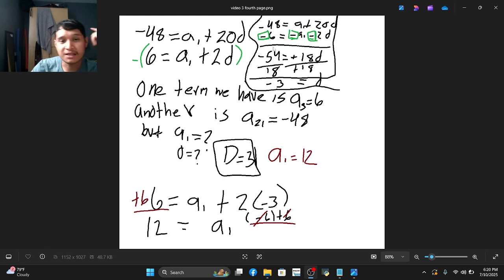So if we have negative 48, we can do it simply the same way as algebra. So we have negative 48, negative 6. We're adding it. So if it's negative, negative, it will be negative 54.